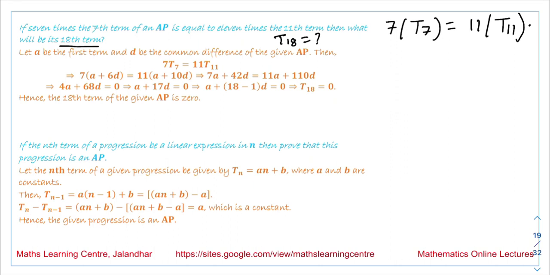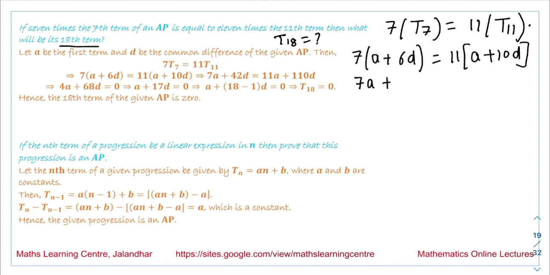So from this equation we are getting 7 into (A plus 6D) is equal to 11 into (A plus 10D). Now by solving these equations we get 7A plus 42D is equal to 11A plus 110D.